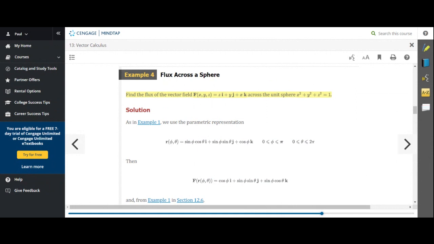Okay, so find the flux of the vector field across the unit sphere. So this is a vector field, and we know what a sphere looks like.